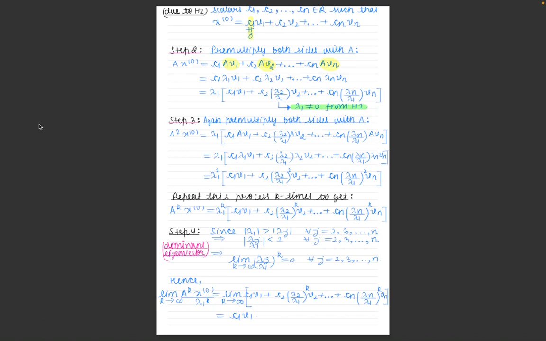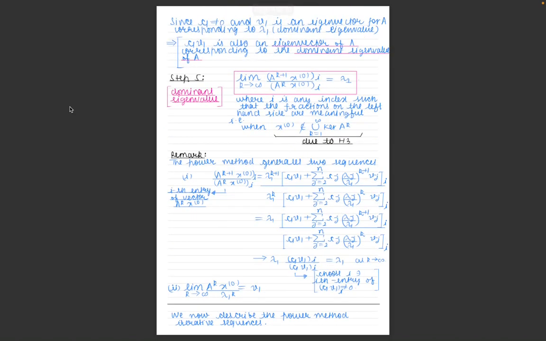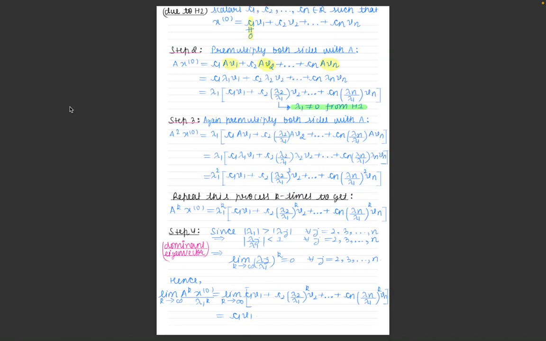Now since lambda 1 is strictly greater than all other lambda j for all j from 2, 3 up to n, this implies mod of lambda j by lambda 1 is strictly less than 1 for all j from 2 to n.